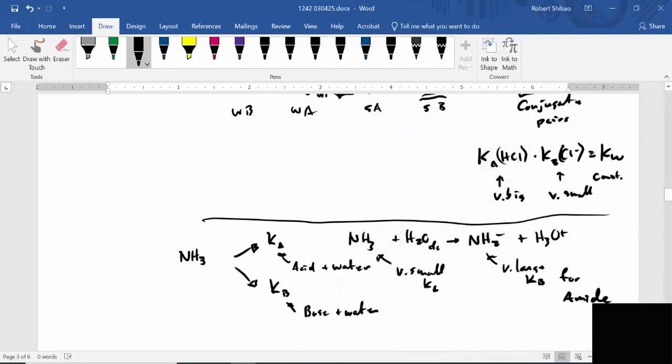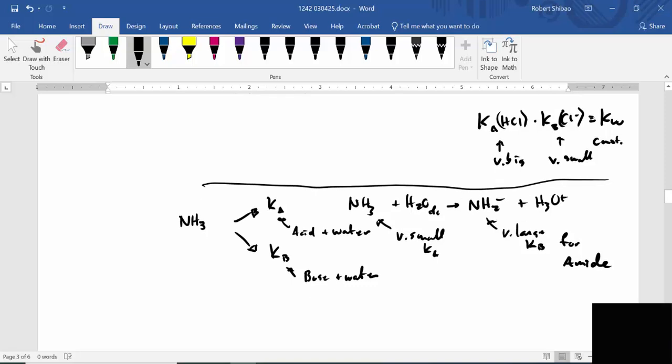So normally what we say is that if I had amide, we just say it's going to react to completion. Here, there's barely any reaction. I mean, this is hugely uphill. This is going to be heavily favored downhill because the Ka is so very small. Whereas if I had amide and I'm looking at the Kb for the conjugate, amide plus water is going to yield what? Ammonia plus hydroxide. And strong bases hydrolyze completely.